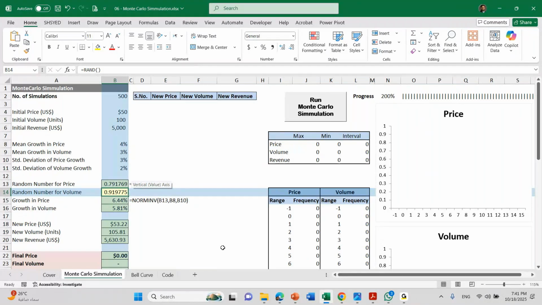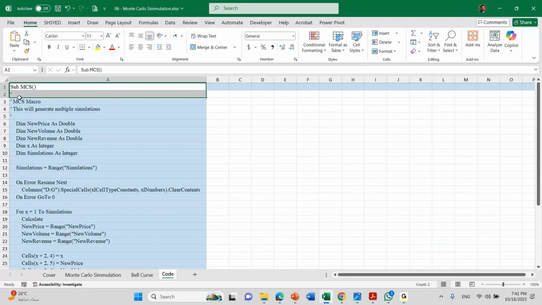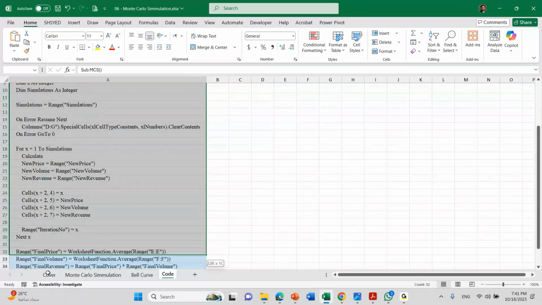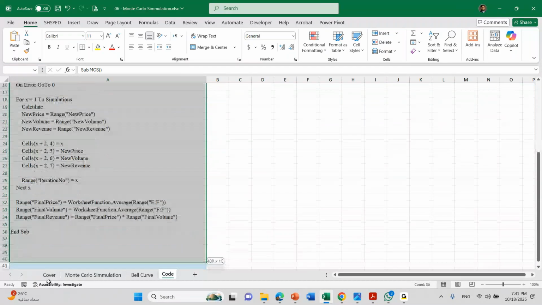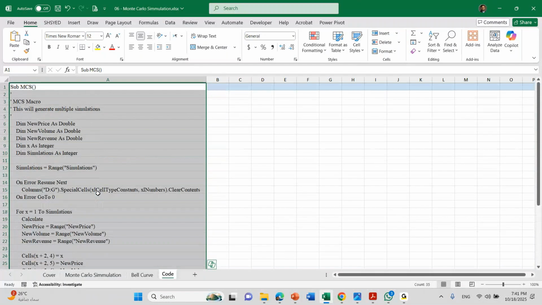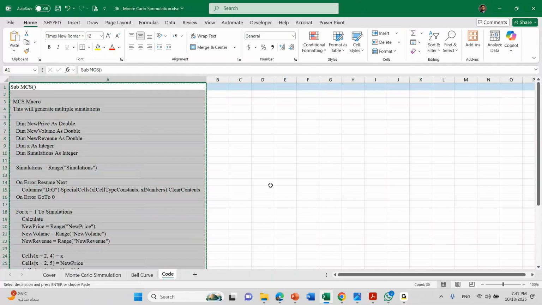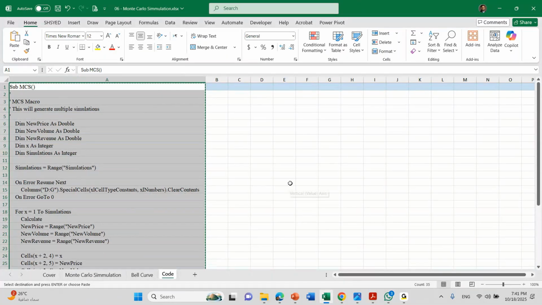What I've done in this file, I have put this macro code in a sheet named code, and I'm going to copy this code and bring it into my VBA text. I've copied the code.